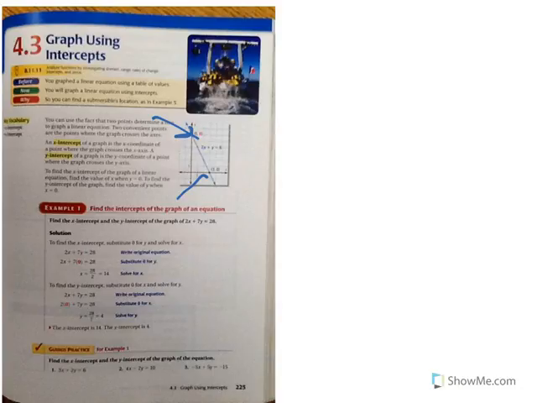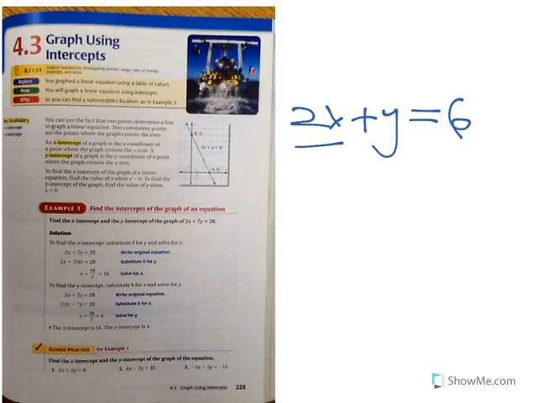And in this example here, if you look closely, you can see it has the line which says 2x plus y equals 6. And what they did was they figured out when x is equal to 0, what the y value is. That's why the y value is going to be 6 there, because that is where it crosses the actual y-axis.